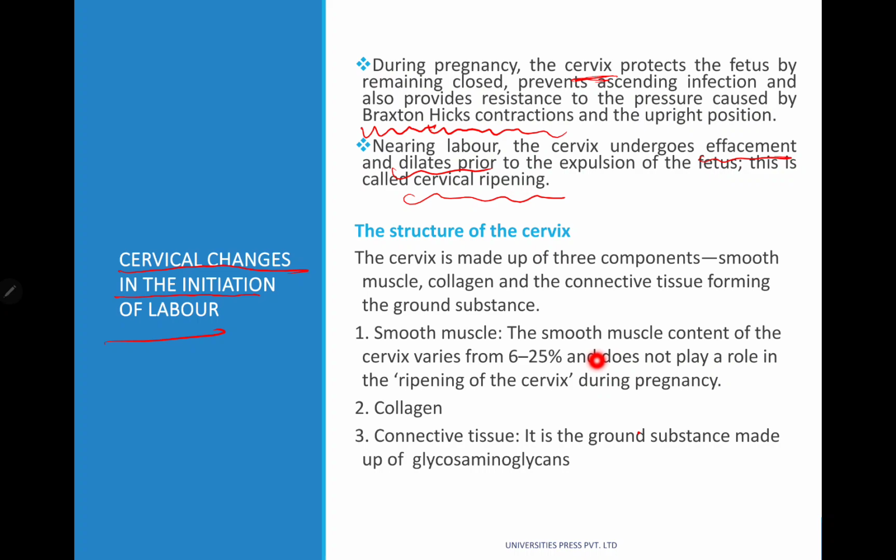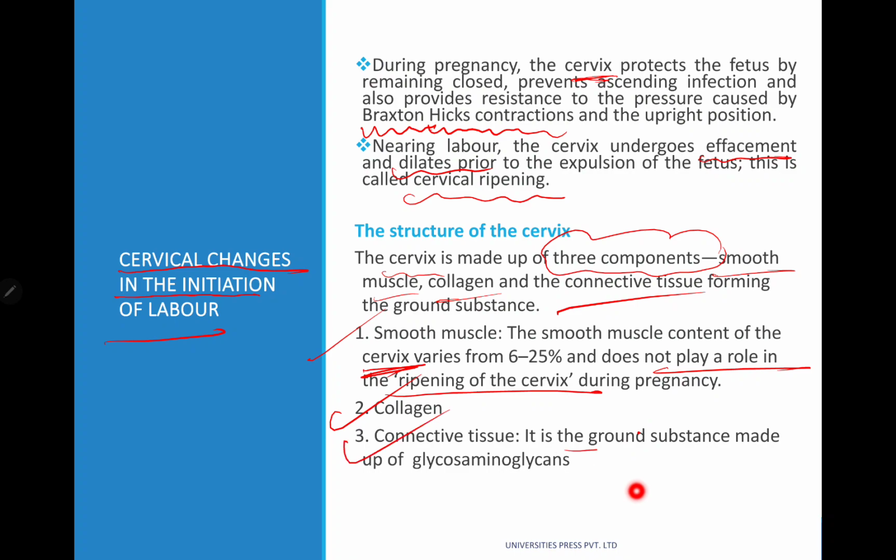The structure of the cervix is actually made up of three components: the smooth muscle, the collagen, and the connective tissue. The smooth muscle contained in the cervix does not play a major role in the ripening of the cervix. So collagen, connective tissue, it is the ground substance, as we know, glycosaminoglycans.